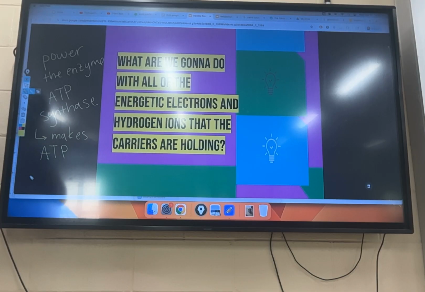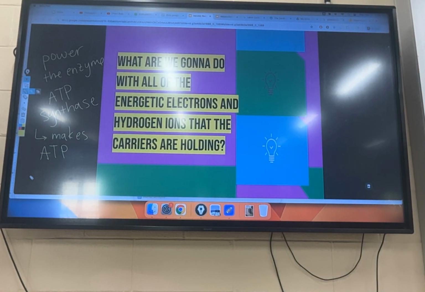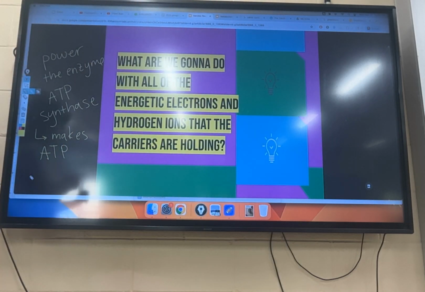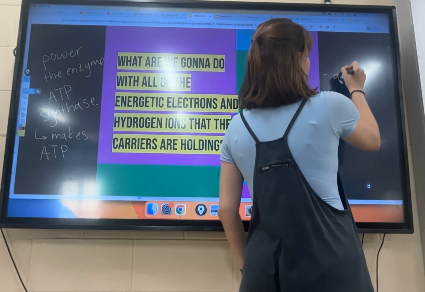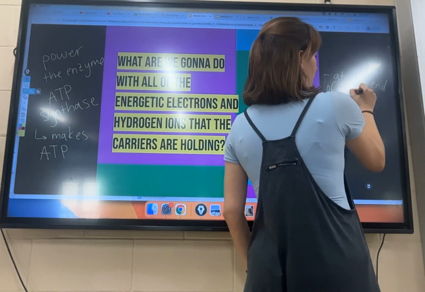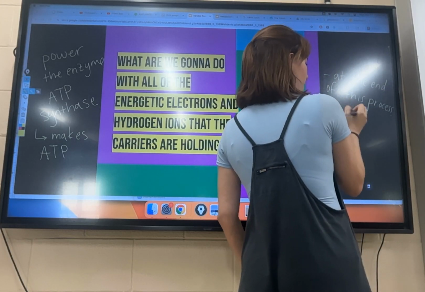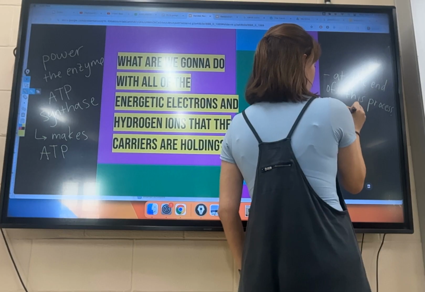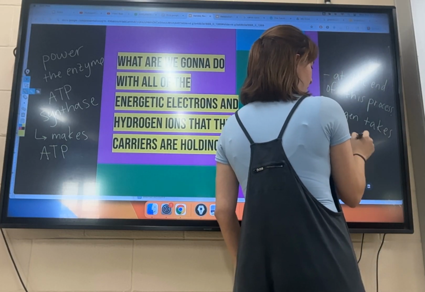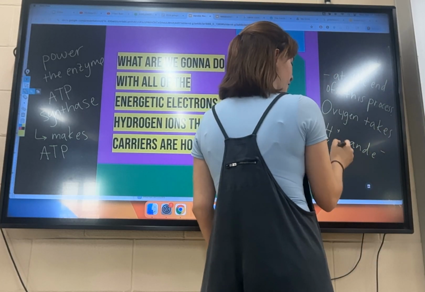The last part of our reaction, we have not used oxygen yet. We have not made water yet. The other part of this, we use the energy to power ATP synthase, and at the end of this process, oxygen takes the hydrogen ions and the electrons that have spent all of the energy.